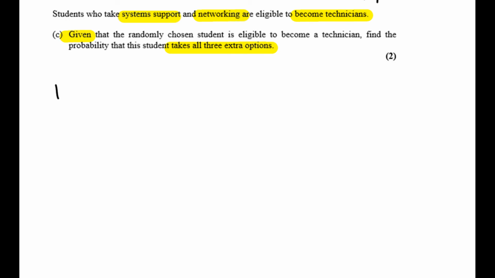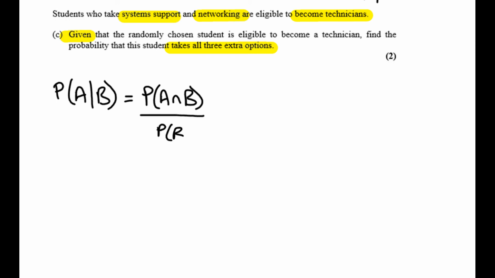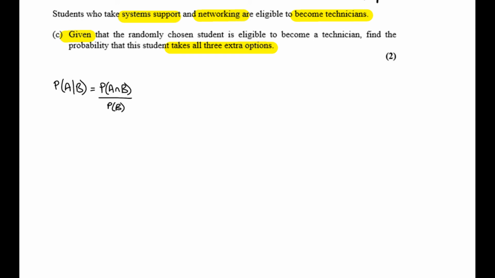So this was a given question, and we're finding the probability that they take all 3 extra options. Okay, so let's look back to our given formula. Probability of A given B. It's the intersection of A and B divided by the probability of B. Okay, so in this case, let's make sure we read that given statement correctly.